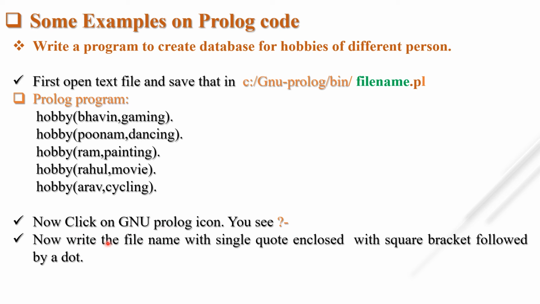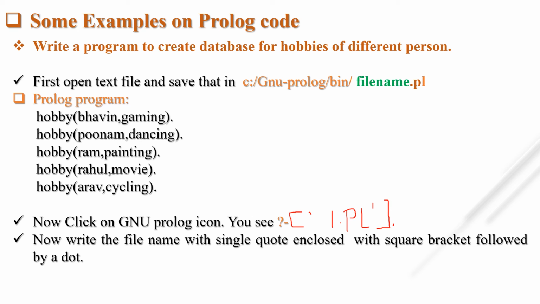Now you have to write the file name to compile. For compilation, you have to write the file name, that is 1.pl, in single quotes, and it must be enclosed in square brackets followed by a dot. For example, I have a file named 1.pl, then after the question mark I have to write in single quotes 1.pl, closing the brackets, followed by a dot.